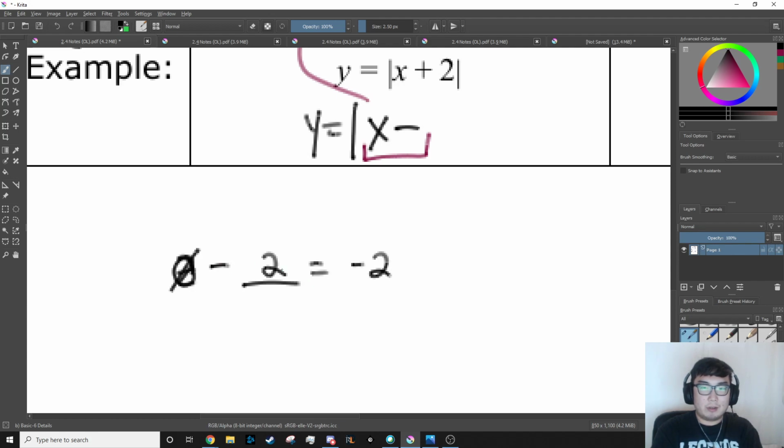That's 2, right? But what about 0 plus something has to equal negative 2? Wouldn't this number have to be negative 2?